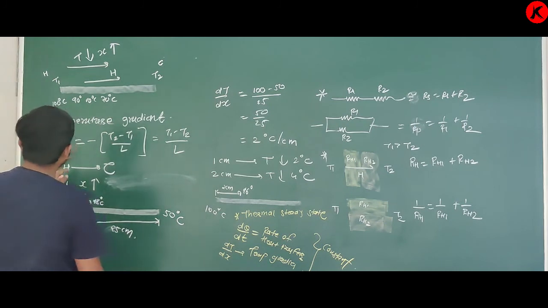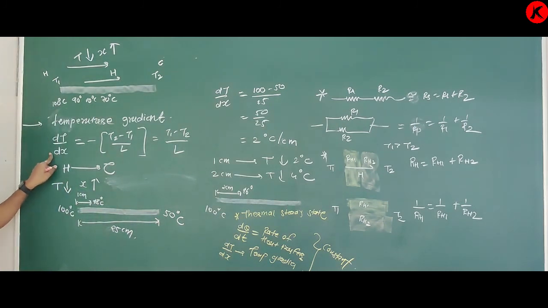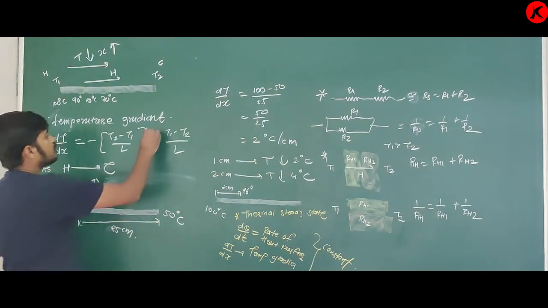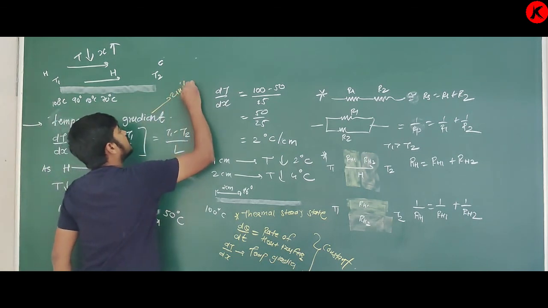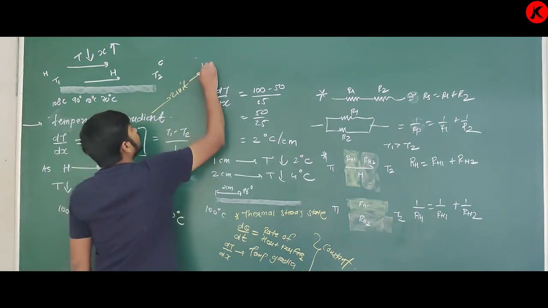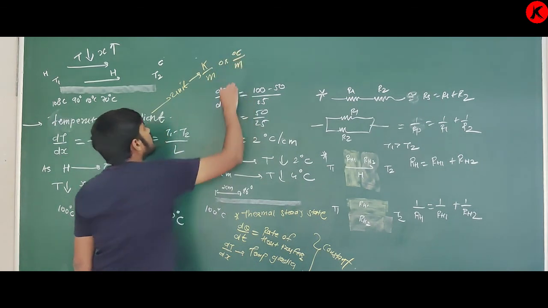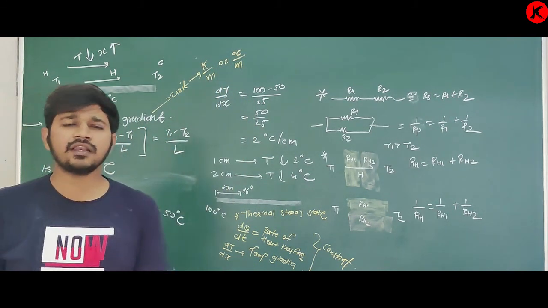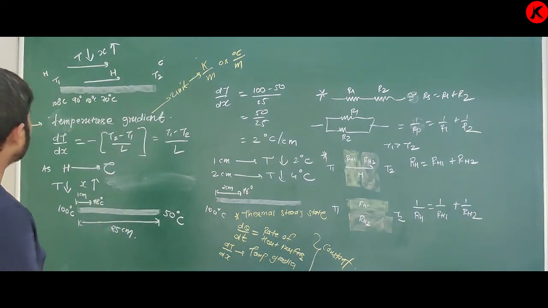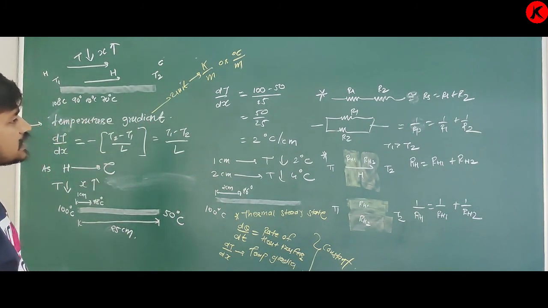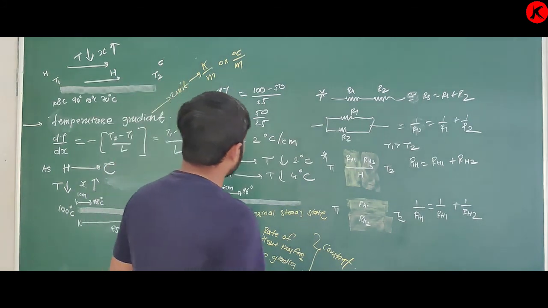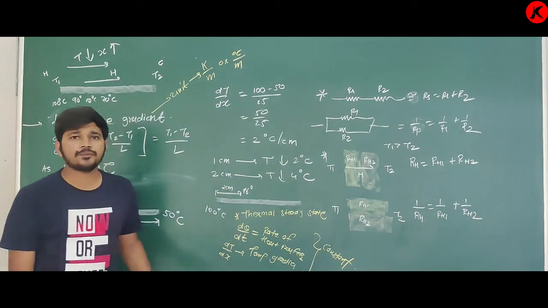The unit of temperature gradient is Kelvin per meter, or degrees Celsius per meter. Clear? So this covers what temperature gradient is, series and parallel connections for conductors, and thermal steady state.